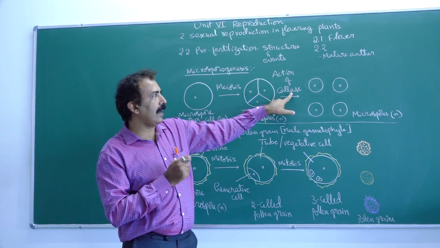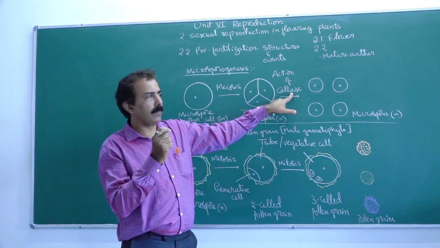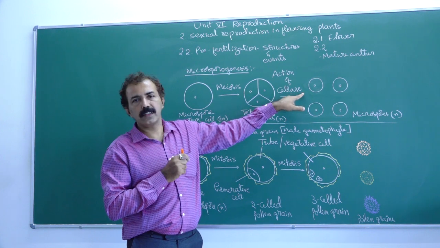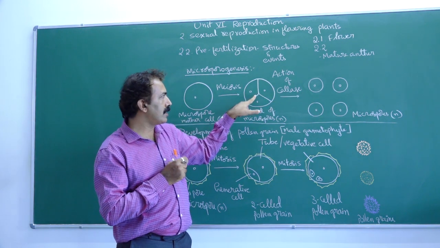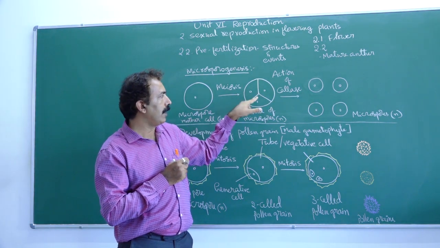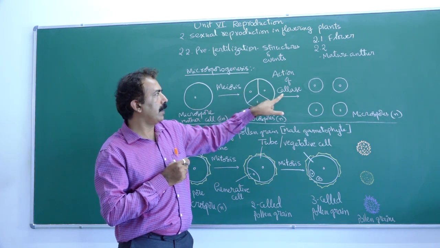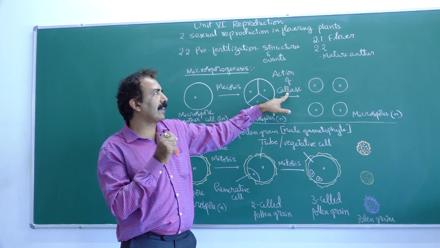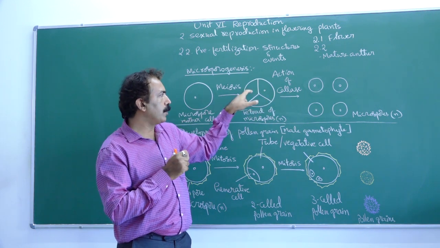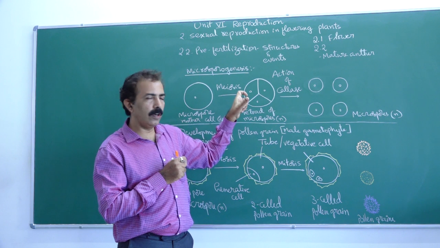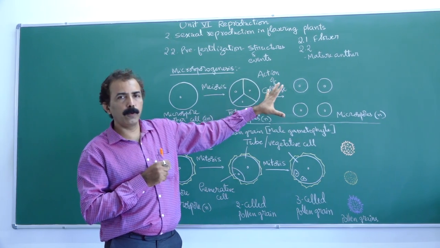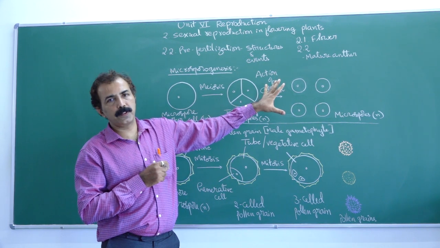So this is the callase enzyme. It ends with ASE, that is a suffix. Callose is a binding material. It can be digested by the enzyme callase. When the tapetum secretes callase, the callose material is dissolved and the cells separate, and you get 4 microspores.